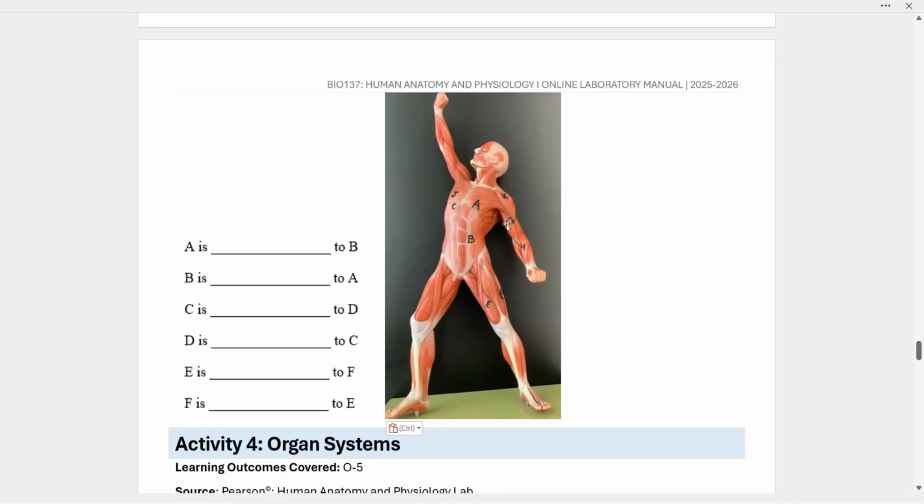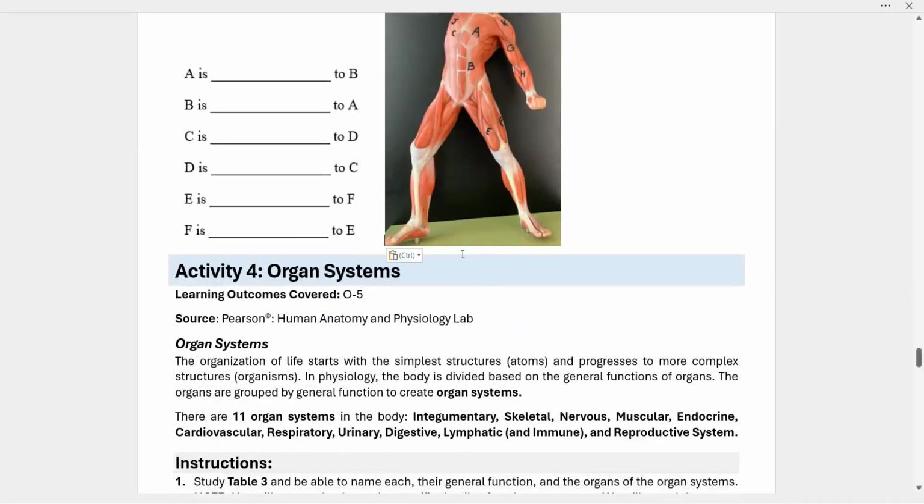K is superior to G. Or D is what to C? Where's D? I don't even see D on there, so forget that. E is what to F? This would be medial and lateral. So E is medial to F. Use this little muscle man guide to practice that, because this is how the test will look.